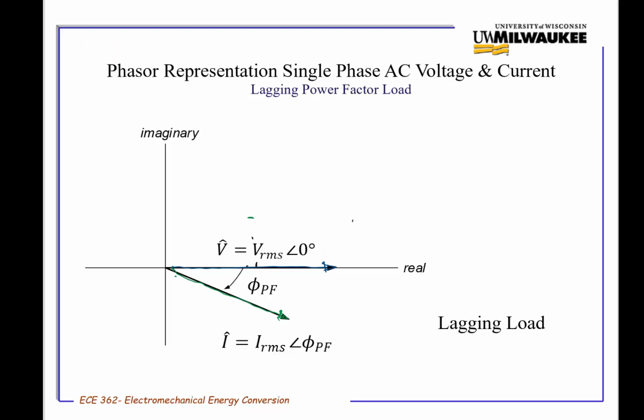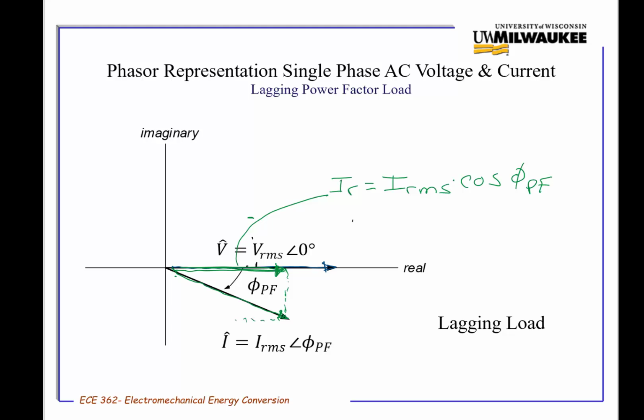I can take this current and reflect it onto the real axis, and the current I would get on the real axis, which I can represent as a phasor as well, is IR, and that would be I RMS times the cosine of the power factor angle.